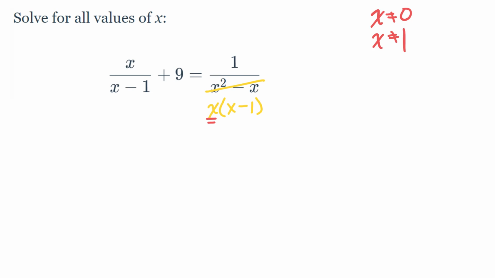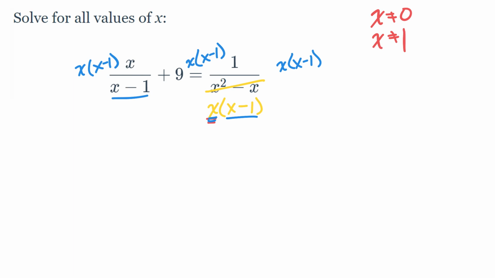So what we need to eliminate here is an x. We're going to multiply everything times an x. That will get rid of the x. And we also need to get rid of the x minus 1. Now the x minus 1 is going to get rid of each of these, so we don't have to write it twice. So we just keep piling on those denominators because we want the denominators to go away.